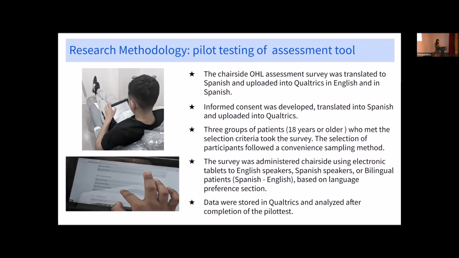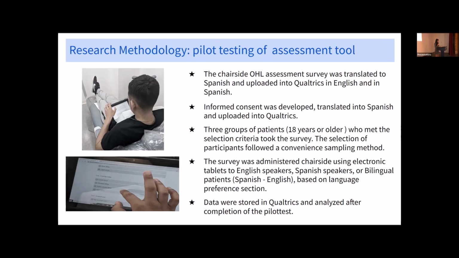Next slide, please. And our second research methodology was pilot testing for assessment tools. The chairside oral health literacy assessment surveys were translated to Spanish, and they were uploaded into Qualtrics in English and Spanish. Additionally, informed consents were developed, and they were translated into Spanish and uploaded into Qualtrics. 3 groups of patients of 18 years and older who met the selection criteria took the survey.